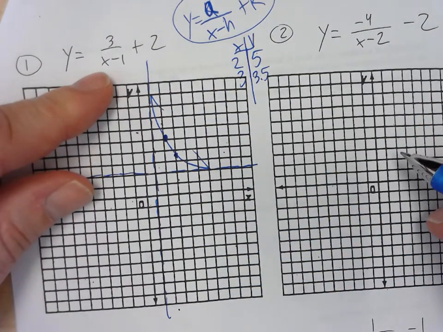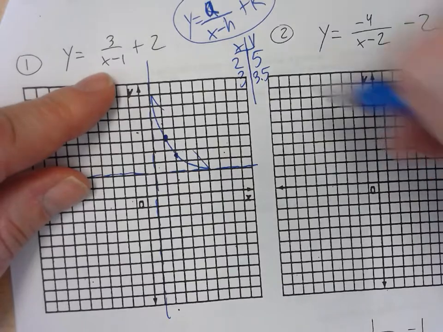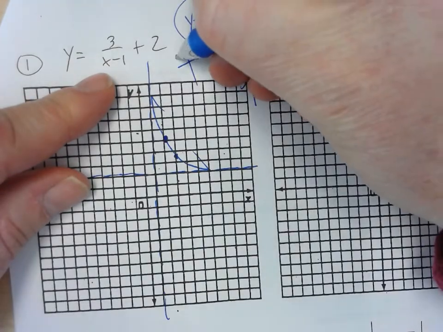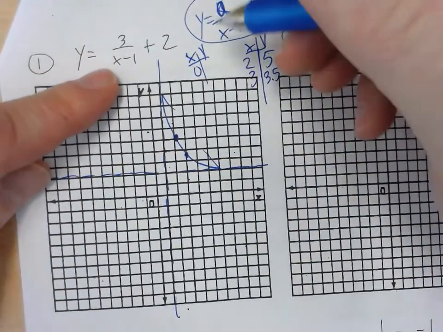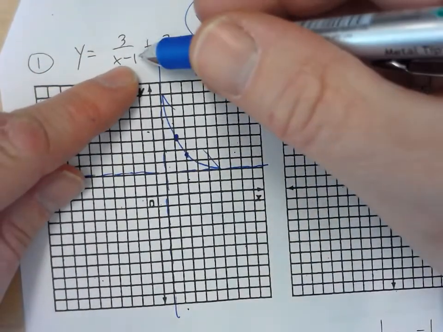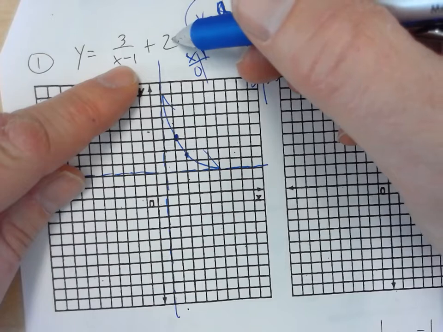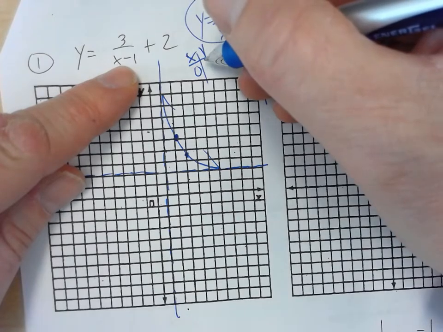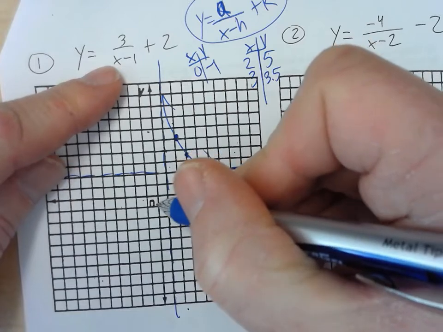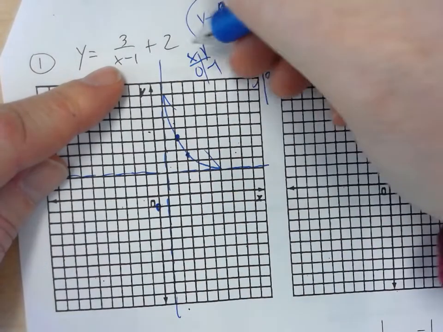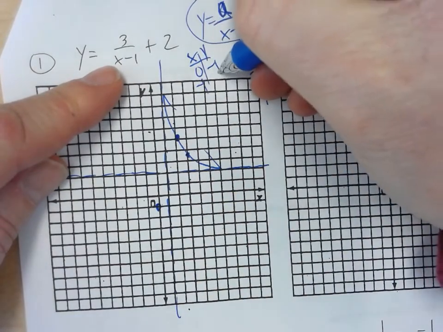Then the next point I'm going to put in is 0. I'm going to put in 0 for x, because that's over here on this side of the vertical asymptote. So put in 0, that's going to give me negative 3 plus 2 is negative 1. So 0, negative 1 is right there. And then I'm going to put in negative 1, which gives me a half.